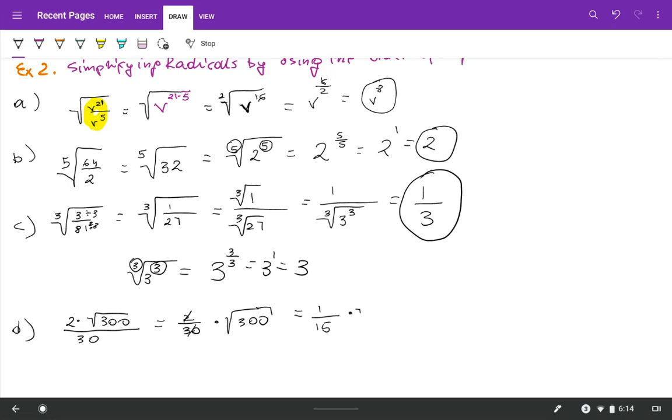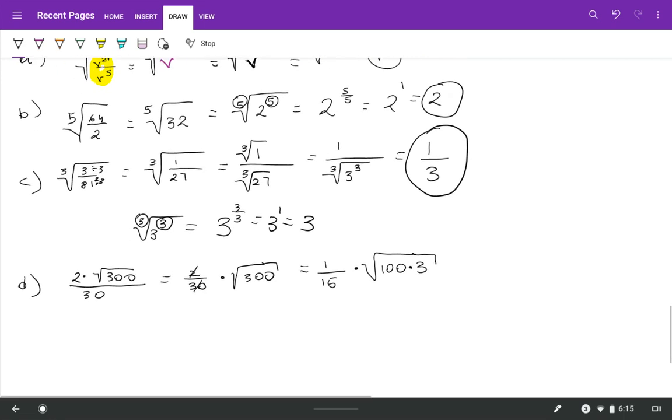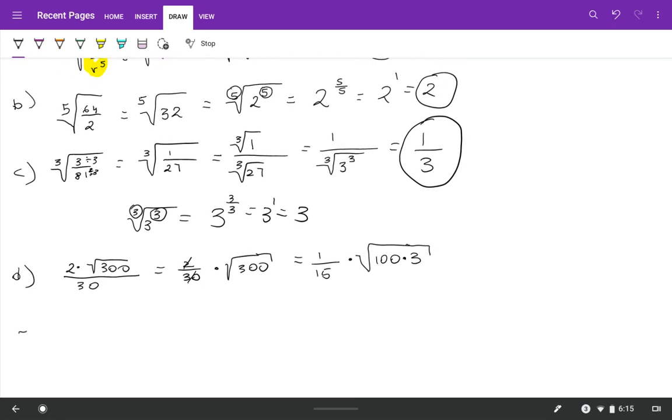We can rewrite that 300 as 100 times 3. Let me on the side simplify that square root of 300. Square root of 300 is the same as square root of 100 times 3. So this is the same as square root of 100 times square root of 3.